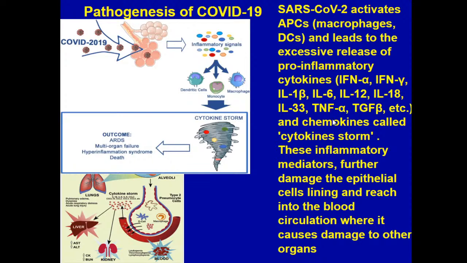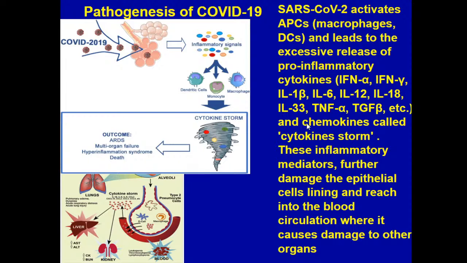What are the cytokines? All interferons, alpha, to some extent beta and gamma. The very important one is interleukin 1 beta. Then interleukins 6, 8, 12, 18, 33, tumor necrosis factor, and transforming growth factor beta produced by T regulatory cells.